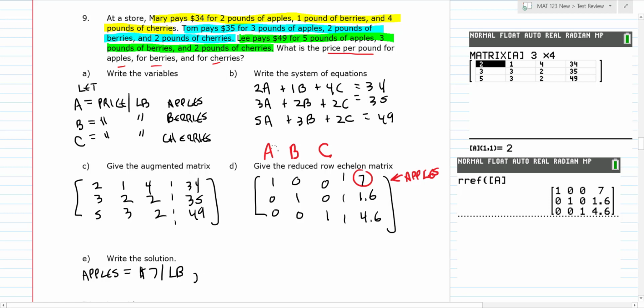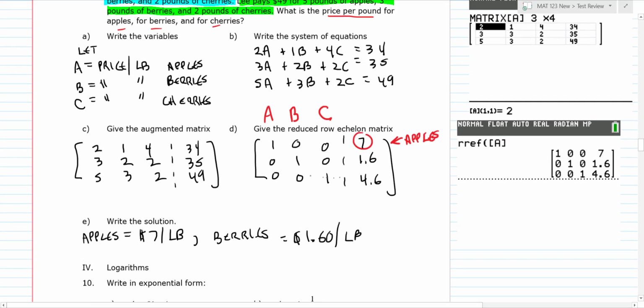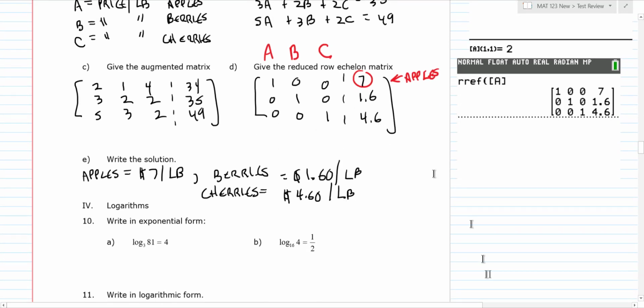The berries are 1.6, so that would be $1.60 a pound. And the last thing would be the cherries: the cherries are $4.60 per pound, like that. Okay, and that's it.